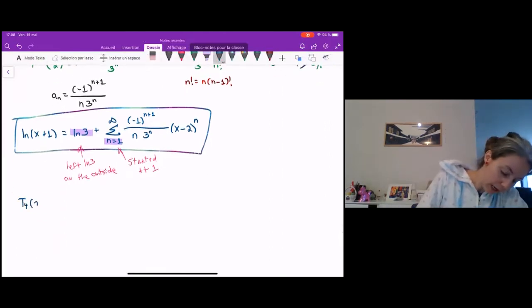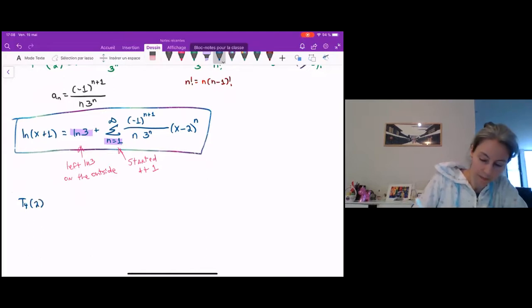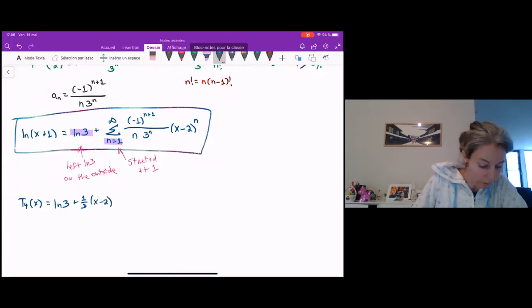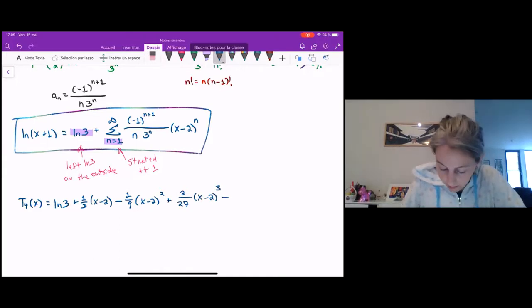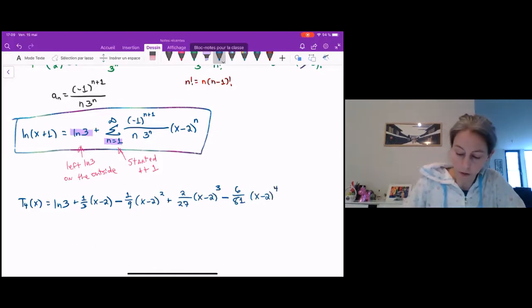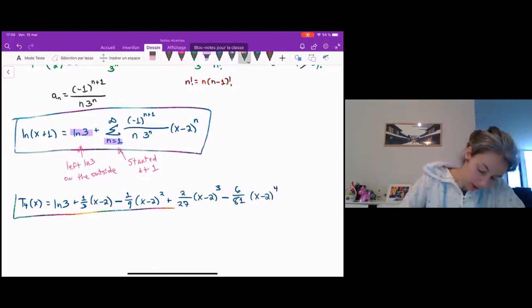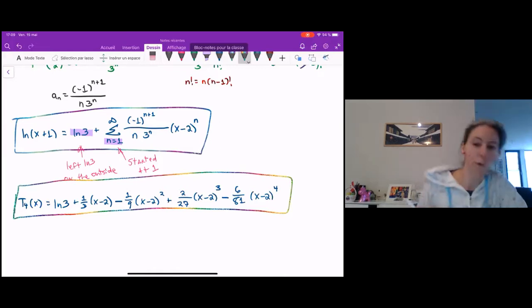So my 4th degree Taylor polynomial is equal to ln 3 plus 1/3 times x minus 2, minus 1/9 times x minus 2 squared, plus 2/27 times x minus 2 cubed, and then minus 6/81 times x minus 2 to the 4th, if we actually calculate the values that those things up there would give us.